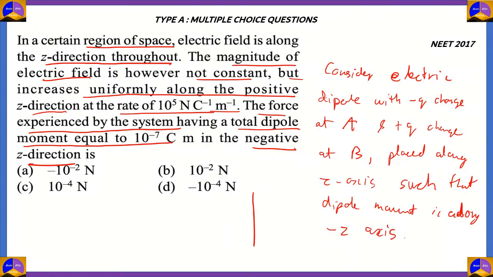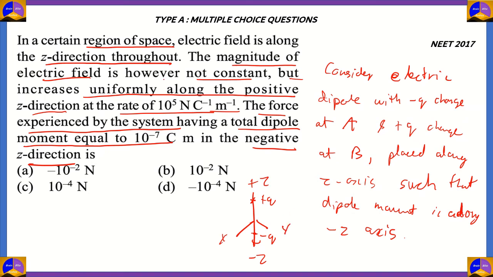So it would be something like this. You have a plus q here, and then you have a minus q here. So basically the net dipole moment goes down. This is minus z, this is plus z, that's x, that's y, and all the other directions there.